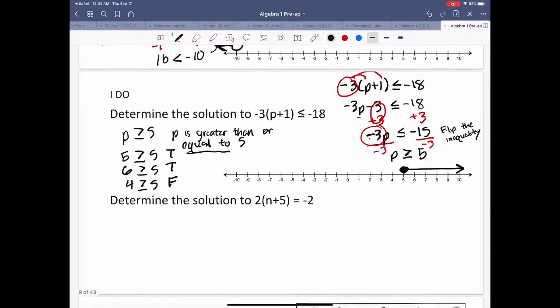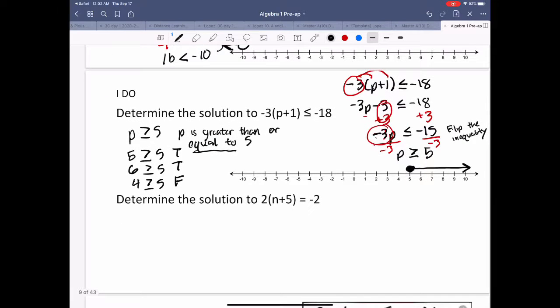Now we're going to do one last problem, and we're going to take it back to almost 8th grade. Again, you always want to simplify your equation first. I see a set of parentheses, and I want to make those go away, so I'm going to use the distributive property. 2 times n gives me 2n, and 2 times 5 gives me 10, which is equal to negative 2.